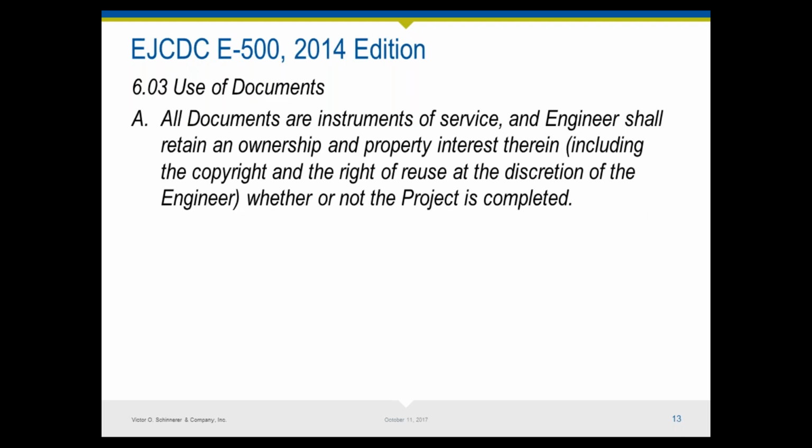The Engineers Joint Contract Documents Committee also uses the instruments of service language, and it attempts to protect the engineer's right to basically reuse the same solutions on other projects, because much of what an engineer might do would be reusable, not just in minor details, but as a major part of the design, and they wanted to be able to protect that reuse.